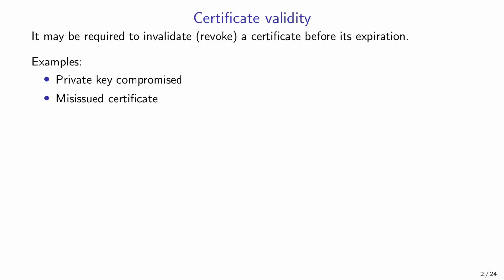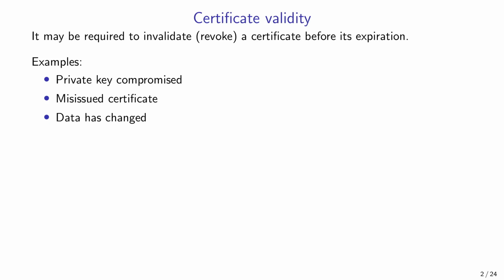That is, it turns out that some wrong data has been included in the certificate, and therefore it should not be trusted. Another reason is if the data has changed, meaning that the information specified in the certificate does not represent the current situation anymore. For instance, if the name of the person or the affiliation of the subject specified in the certificate has changed.